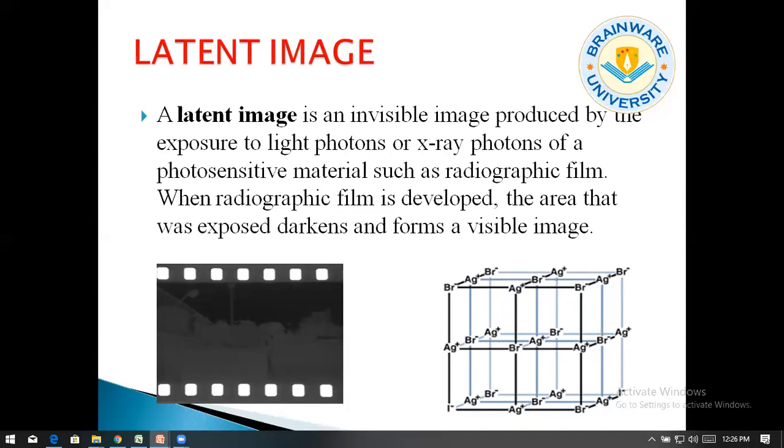Metallic silver in silver halide crystal is black in color, so the portion of metallic silver produces the black area on a developed film.